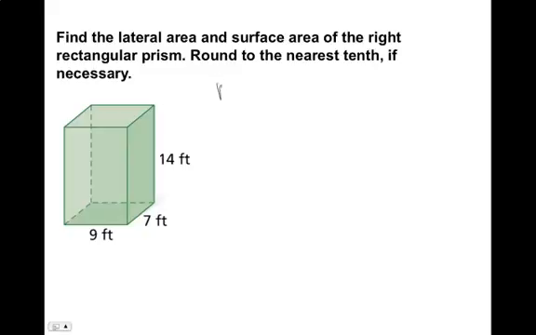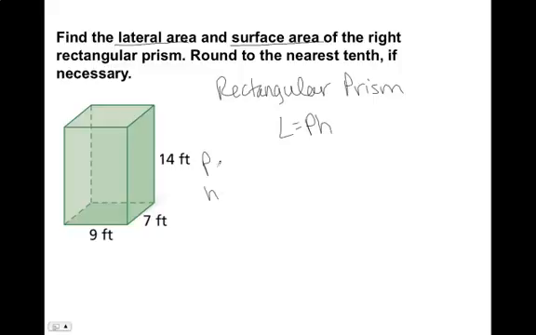Here we have a rectangular prism, and they want us to find the lateral area and the total surface area. So let's look at the lateral. Looking at your formula chart, here's our formula. Let's make our list. The perimeter and the height. Remember, this is perimeter of the base, so I'm going to shade in the base so we can keep that separate.